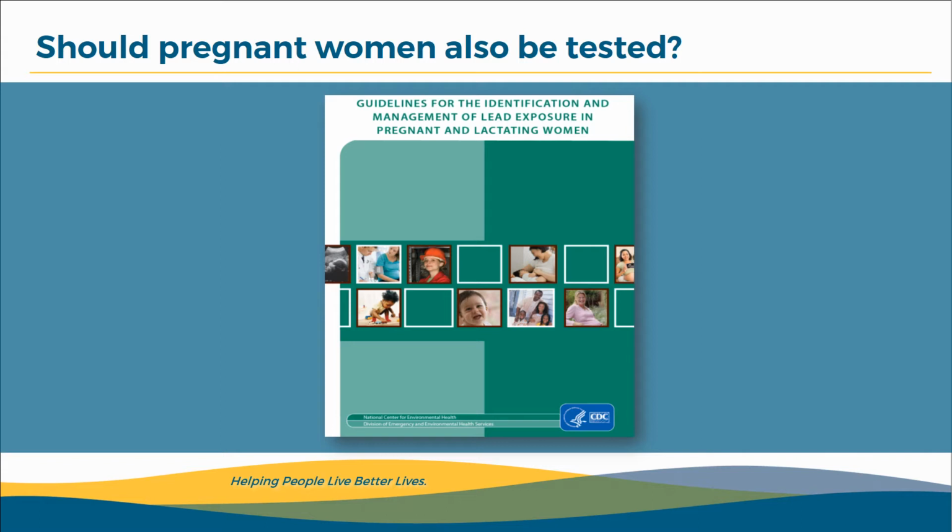Because lead is stored in bone, women who have worked with lead, have a history of an elevated blood lead level as a child, or have other significant exposures or nutritional deficits may have higher blood lead levels when bone releases lead into the blood. High levels of lead during pregnancy can cause miscarriage, stillbirth, lower infant birth weight, and premature delivery. They can also be associated with risks for preeclampsia for the mother.